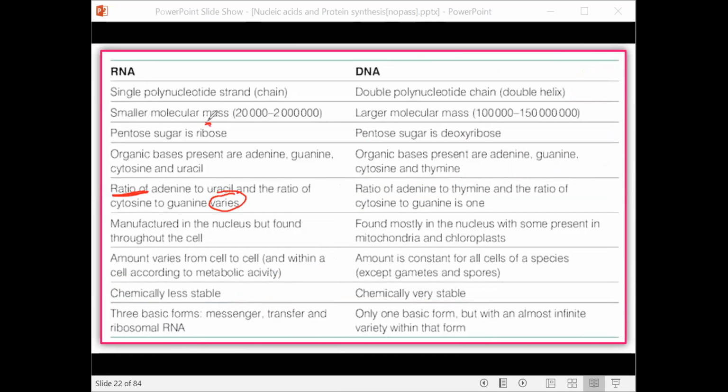Another part is it is ribose; oxygen is present in this pentose sugar. Another aspect is there is uracil and there is no thymine. So A, G, and C are the same in both, but uracil is different. The phosphate compound is the same. Okay, I guess the rest is quite self-explanatory.